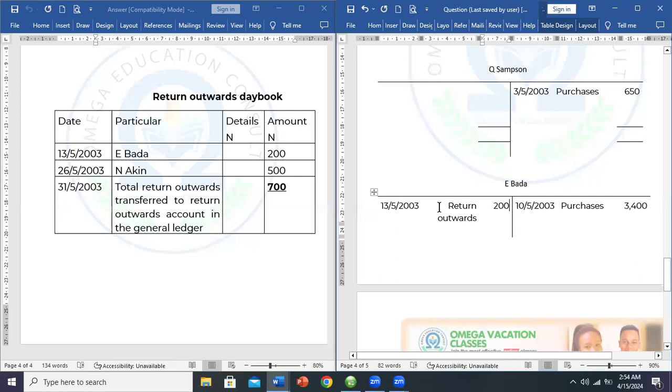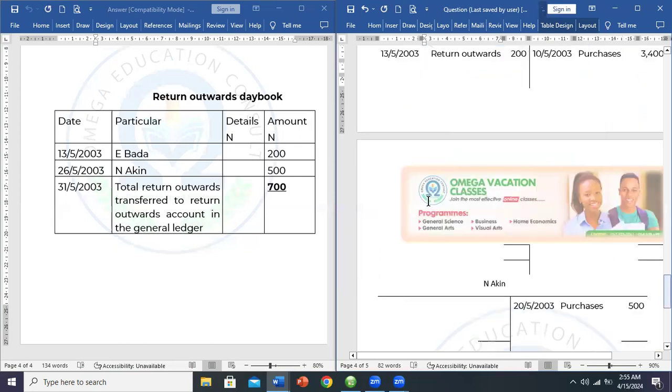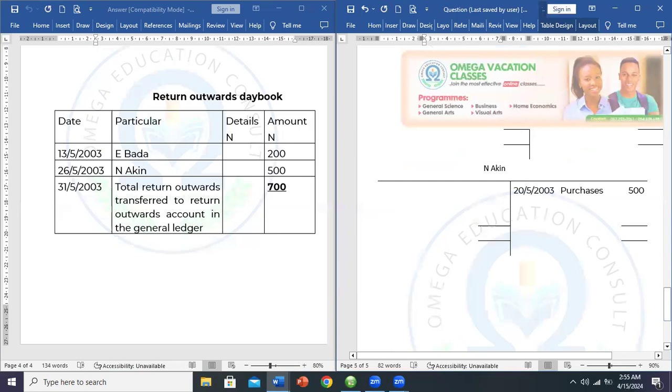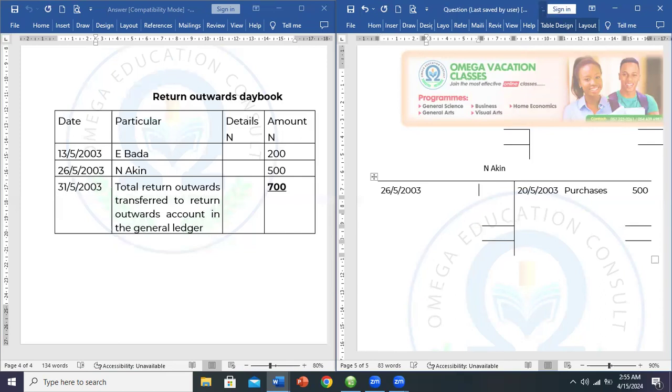So we are left with that of N. Akin. Okay, so let's go into N. Akin's account and also debit N. Akin on the 26th of May 2003. There was a return outwards of 500.